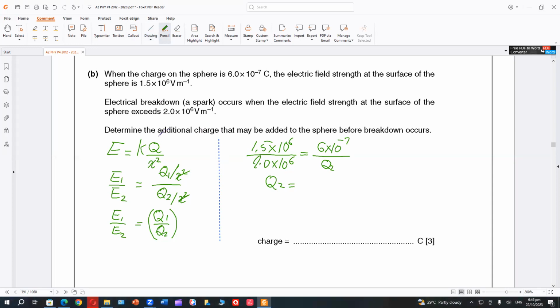Examiner says additional value. So how should I cover this word, additional charge?